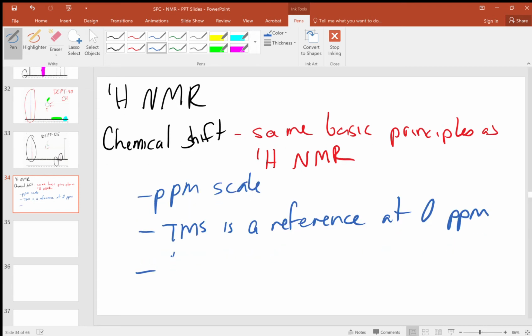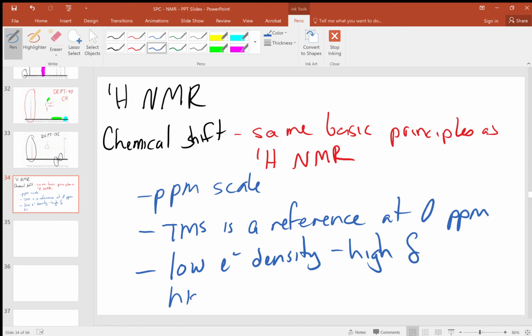And again, low electron density gives high chemical shift, which we abbreviate with this lowercase delta, and high electron density gives us low chemical shift. Now, just like with carbon NMR, we have the same types of relative shifts that we can talk about based on what the functional group is.